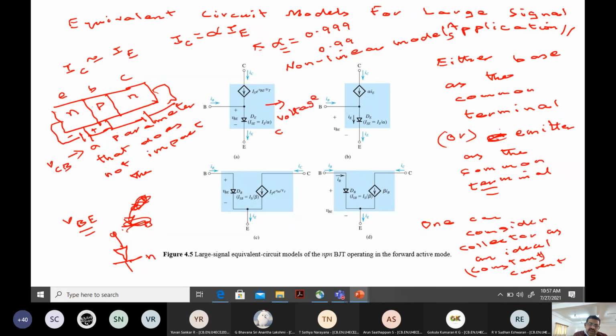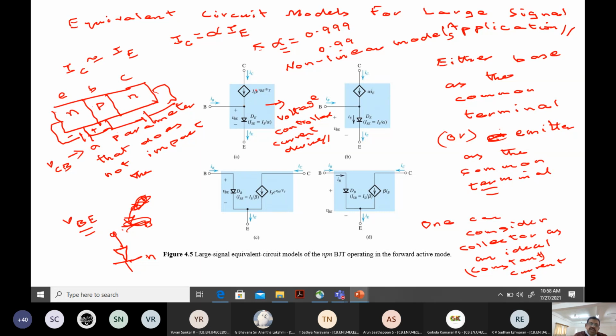Why did I say voltage controlled current device? The reason is not far from us, because you see this collector current is dependent on VBE. Whatever be the potential between the base and the emitter, that potential decides how much current the source can give, flowing into the terminal.